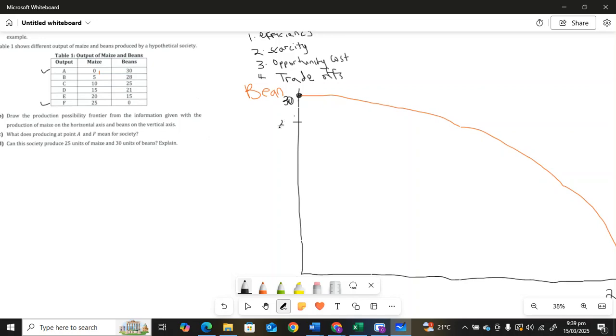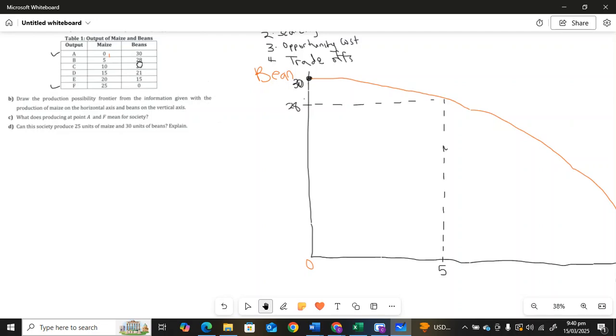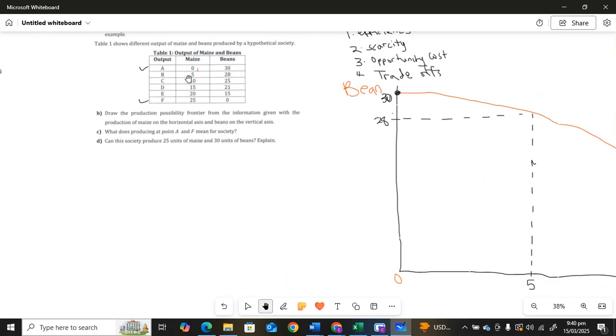You don't want a funny shape. So 28 units of beans, 5 units of maize.